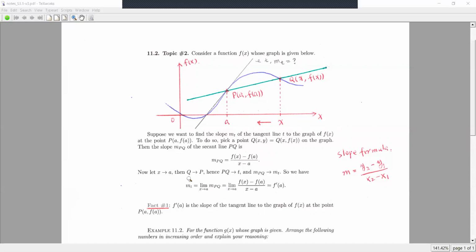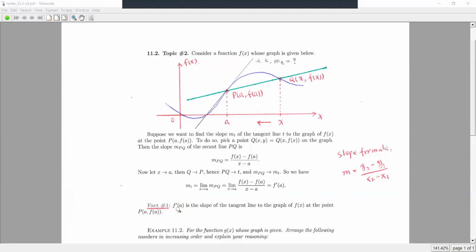Now, plug in this fraction for m_PQ, then we have this equation. So the slope of the tangent line is this limit. But this limit is the derivative of the function at the point A by definition. So this observation says that the derivative of the function at the point A is the slope of the tangent line at the point A. I mark down this as fact number 1.